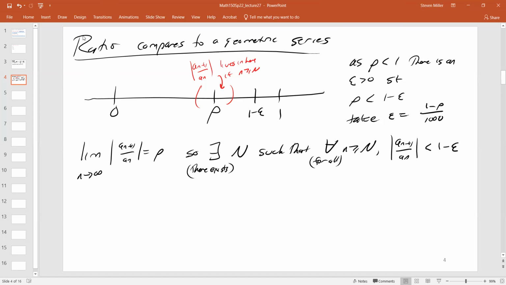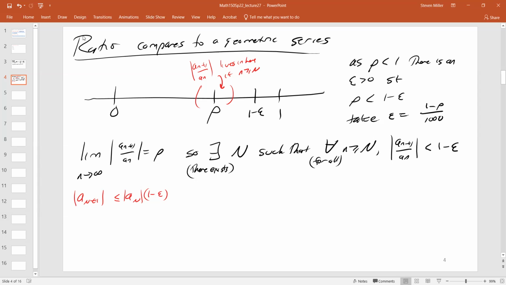So now we would have a_{N+1} less than or equal to a_N times 1 minus epsilon. Does everybody agree with that? Because a_{N+1} over a_N is at most 1 minus epsilon, so I can just multiply it.